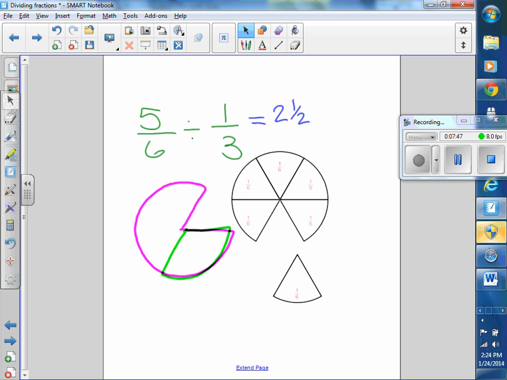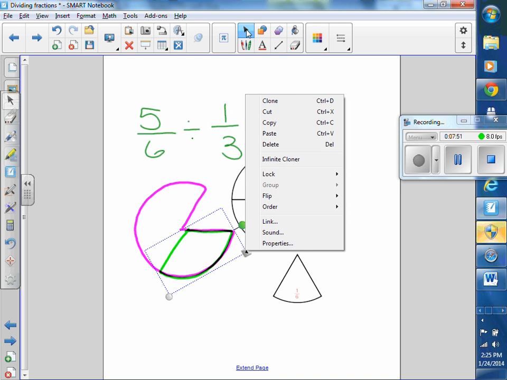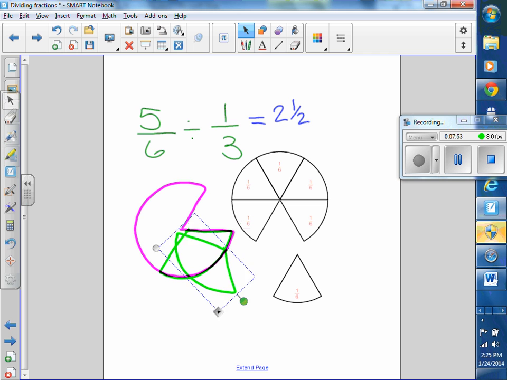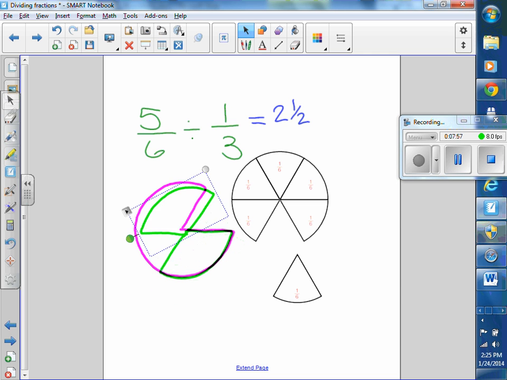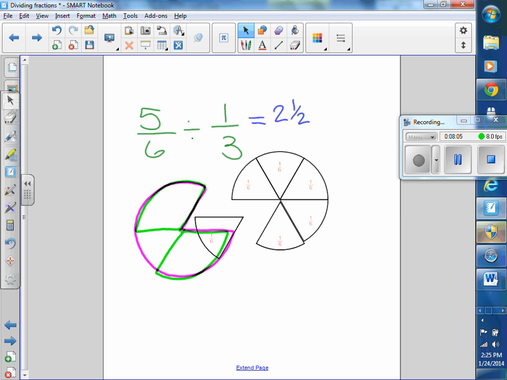Here's one. And then there's the other. And what's left is half of a third. Can you see that? So it's 2 whole 1/3 and a half of a third.